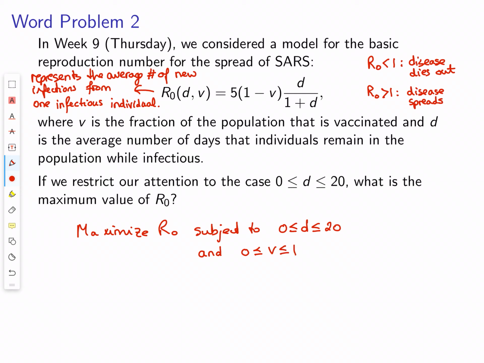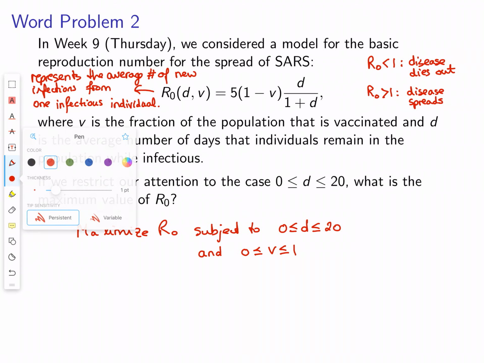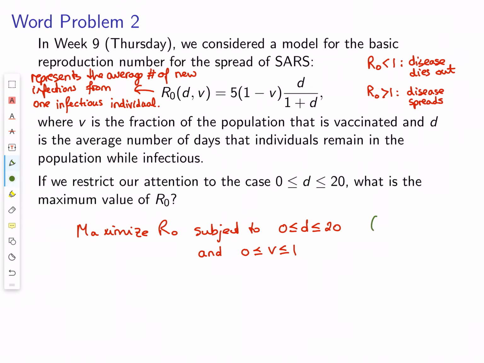You cannot vaccinate more than 100% of the population. So the first constraint is explicitly stated, and the second constraint is implied, since V is a fraction.